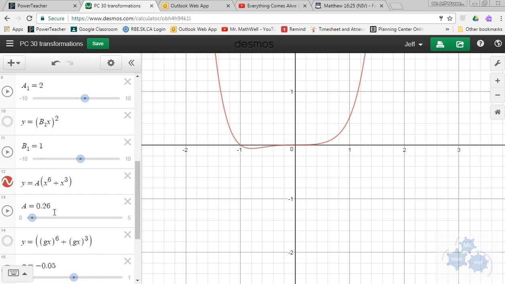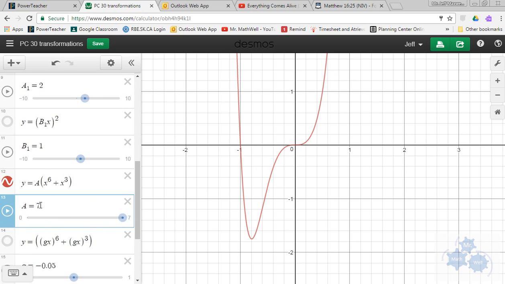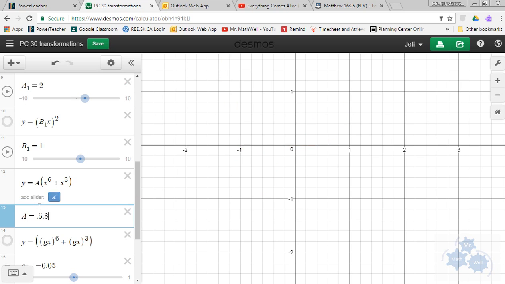And I like to call that a compression. When you compress things, you squish it up. So this is a vertical compression when A is between 0 and 1. So again, here's 1, here's 2, here's 5, here's 7, and here is 0.5, 0.8.